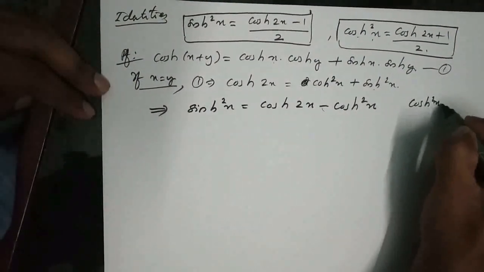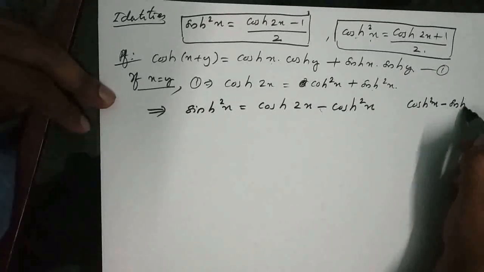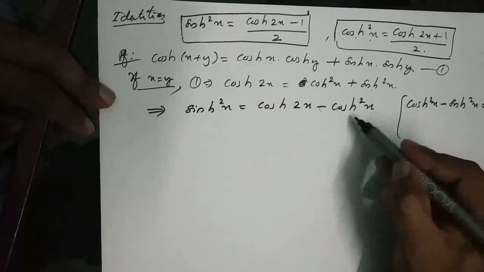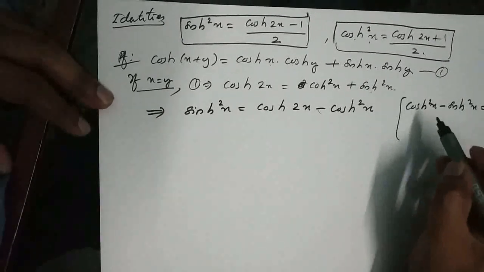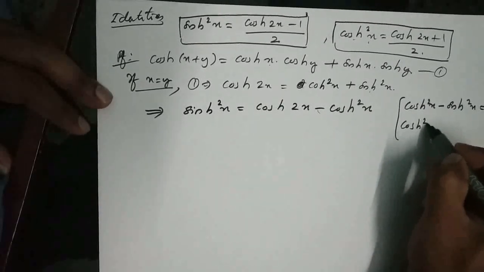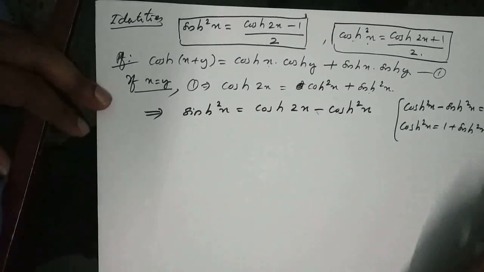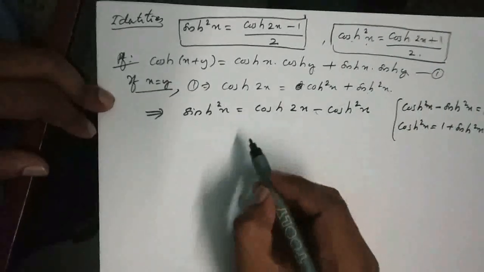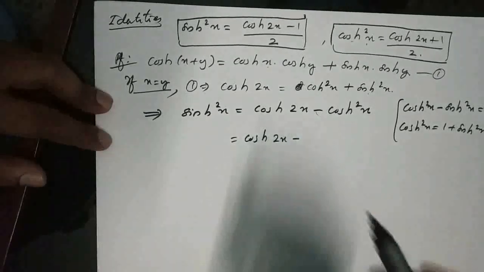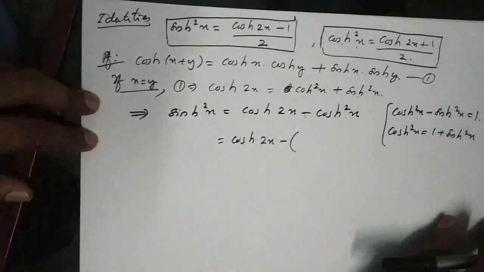Cosh square x minus sinh square x is equal to 1, right? So from this we get cosh square x is equal to 1 plus sinh square x. Okay, so replacing cosh square here we get cosh 2x minus cosh square equal to 1 plus sinh square x.